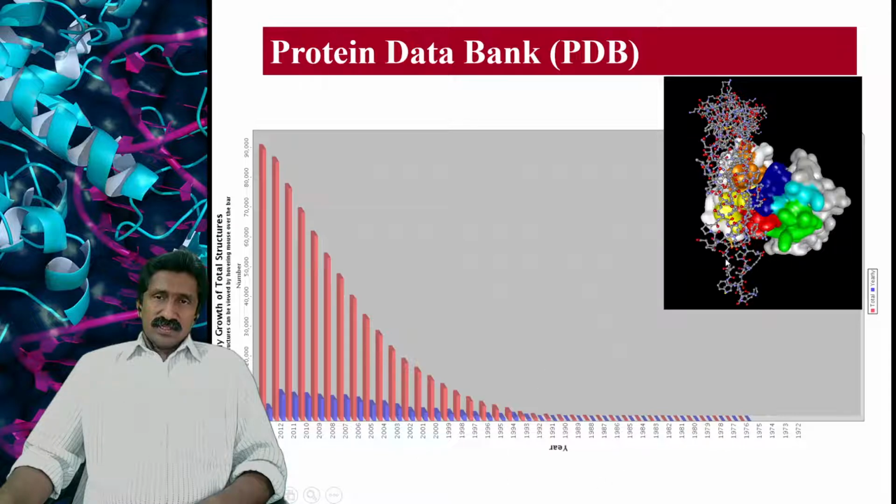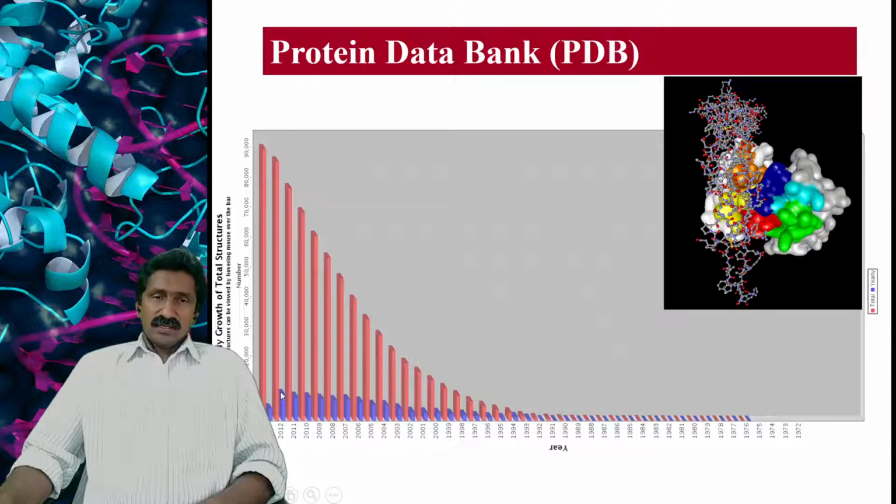So this is the year and the actual structures, actually determined structures based on X-ray crystallography and other methods, total structures. And this is the yearly growth. This is the total structures. This is the yearly growth.